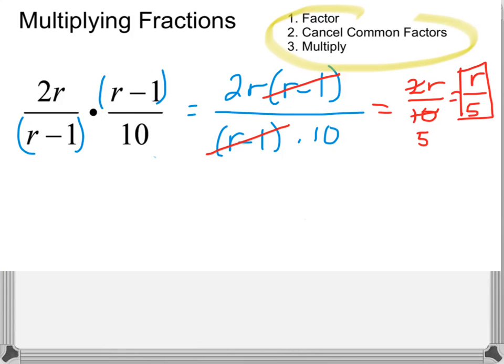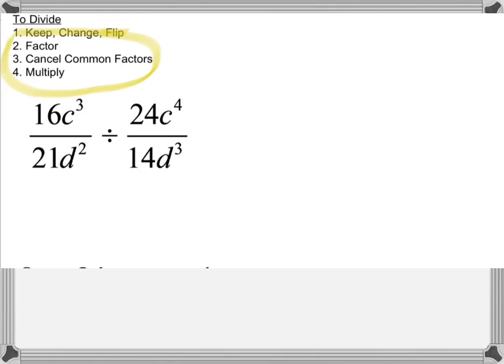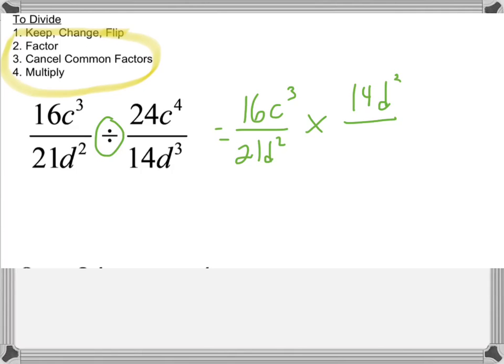Remember, these 3 steps here, it's the same as these lower 3 steps after you use keep, change, flip. So the first step is to keep the first algebraic fraction, so 16c cubed over 21d squared. And I'm going to change this to multiplication, and I'm going to flip the second fraction. I'm going to reciprocate it.